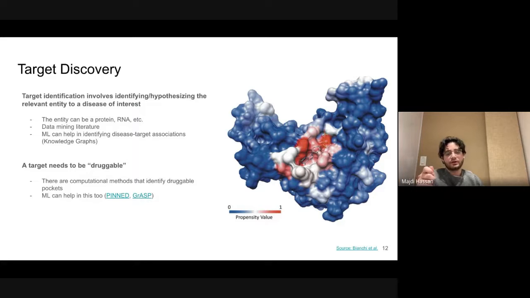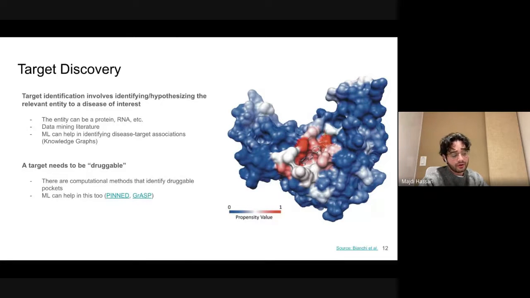There's a lot of data mining of literature, and studying omic databases, other reports from public research, and experiments of various kinds. You're trying to put this all together in order to determine that if I target this protein, I will hopefully have a likely downstream effect on this disease. That's what we're looking for.